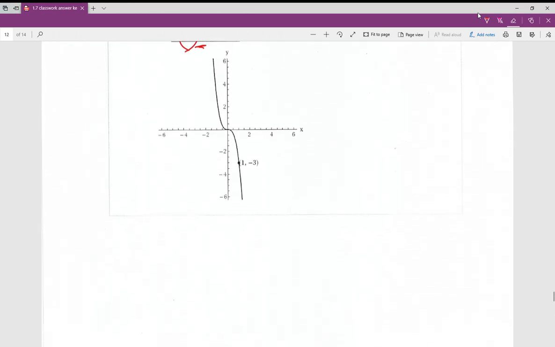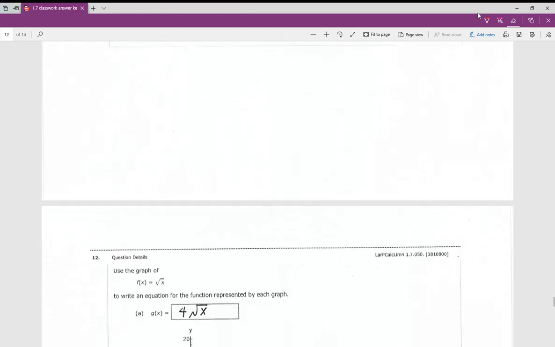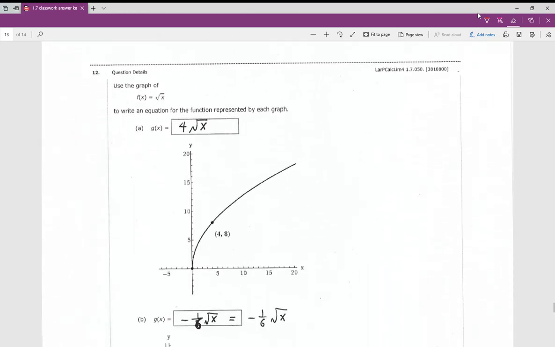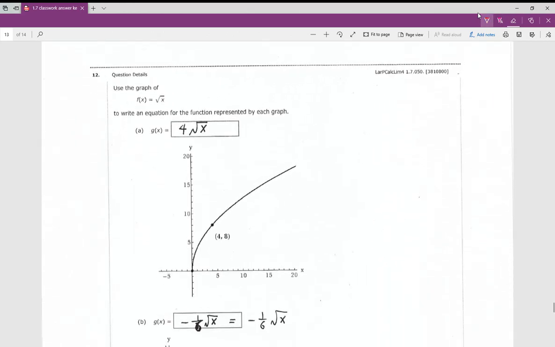And then number 12, 4 times. You need to memorize the parent graph. Parent graph like this, and 4 times, and the same parent graph upside down.